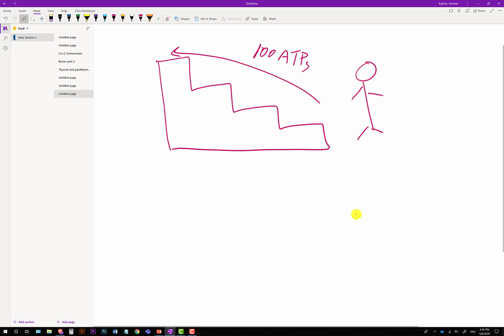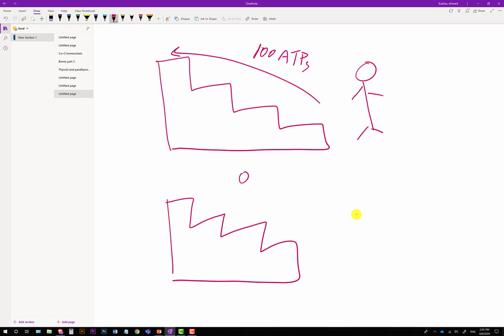But if you are standing here to here, you will need maybe just 50 ATPs. Okay, you are close to the target area. This is the situation of the depolarizing graded potential. You are closer to the threshold.